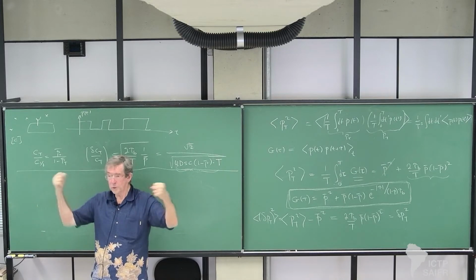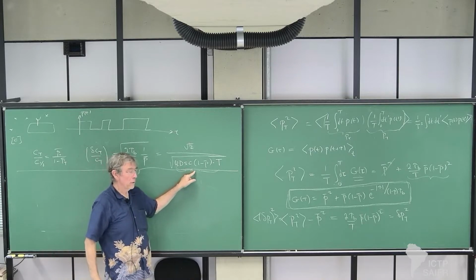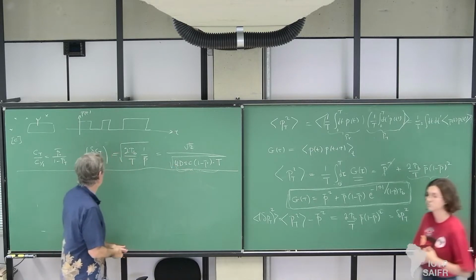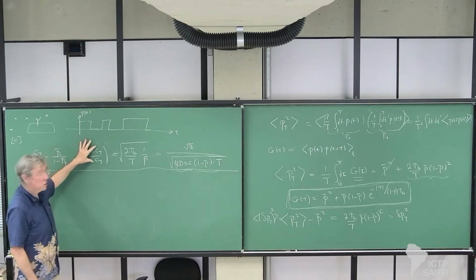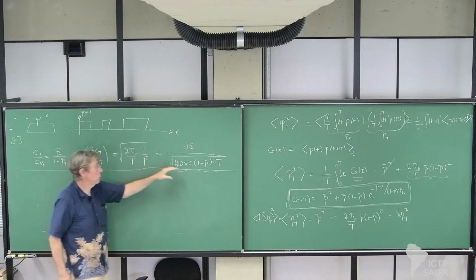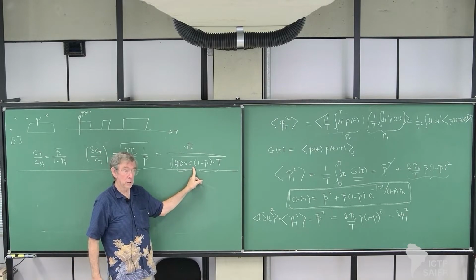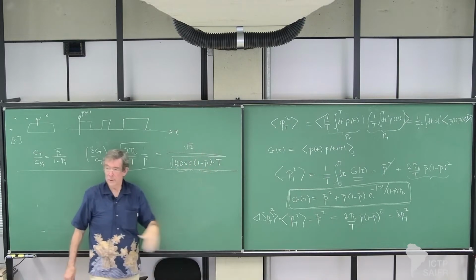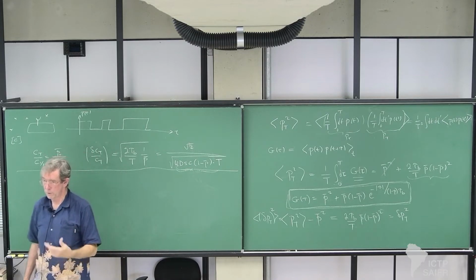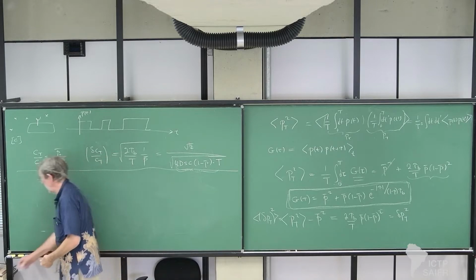And good old Gaussian statistics tell you that the fractional error is what you would expect from standard statistics. Not Gaussian, but more Poisson.